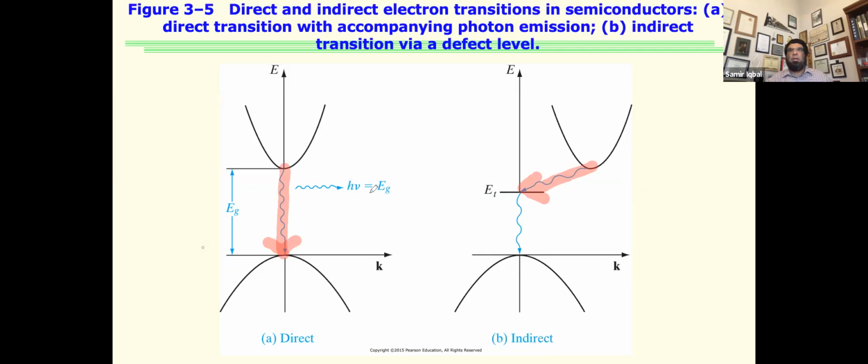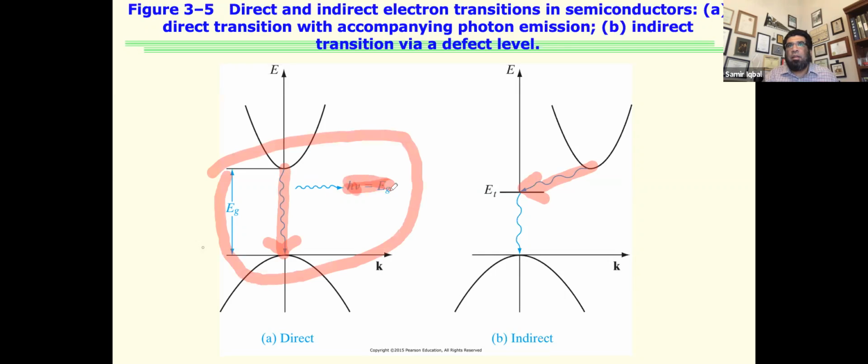Why is it important? The whole energy that comes out because of that change is converted into light. But in this case, the energy change is from here to here, but some of that energy is being used up here, just in the momentum change.